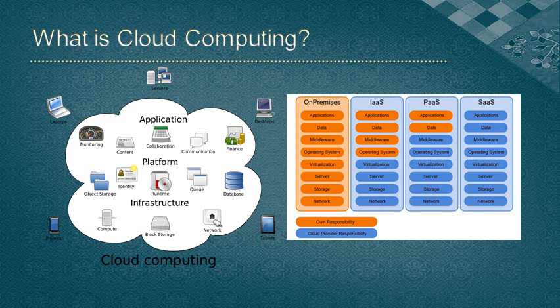Next, hybrid cloud. A hybrid cloud is a mix of public and private clouds. Last one is community cloud. A community cloud is an infrastructure shared by several organizations which supports a specific community.